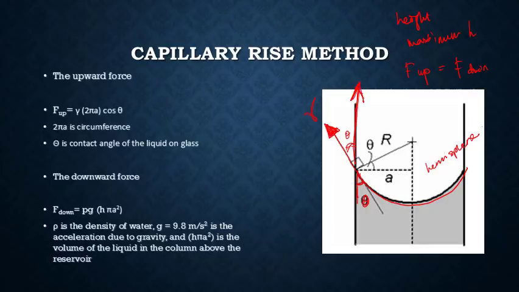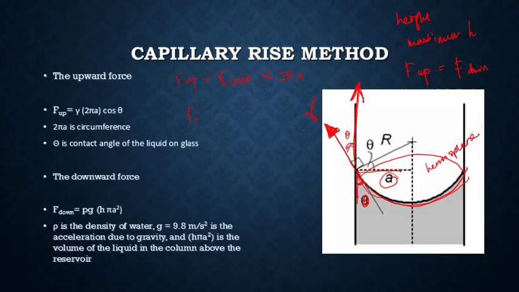So the force upward equals gamma cos theta times the perimeter of this meniscus, which is equal to 2 pi a. In this case, a is the radius.